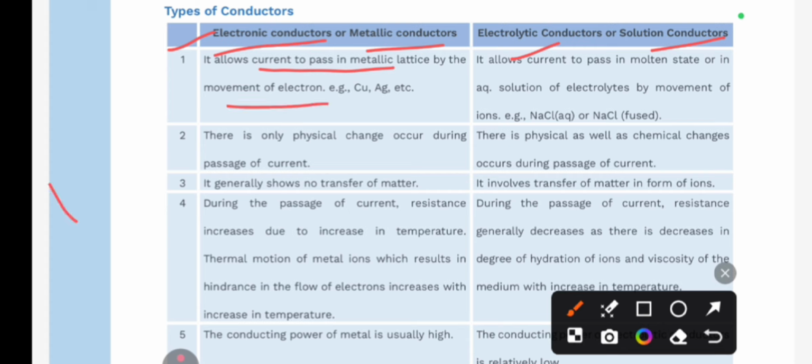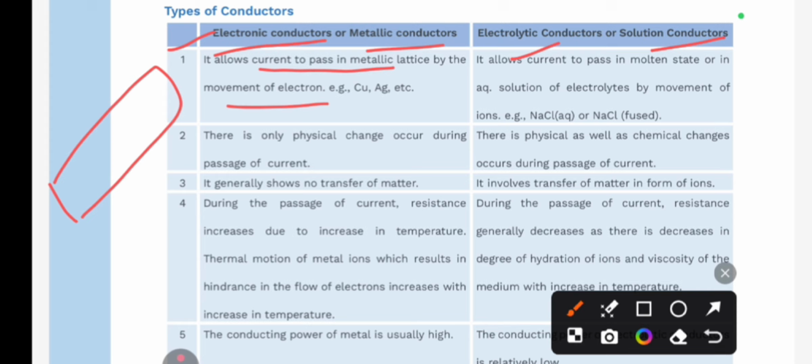Suppose you have taken an iron rod. You know very well that every metal has electrons as well as kernels. Kernels means positive charge. So two opposite things are present in all metals.